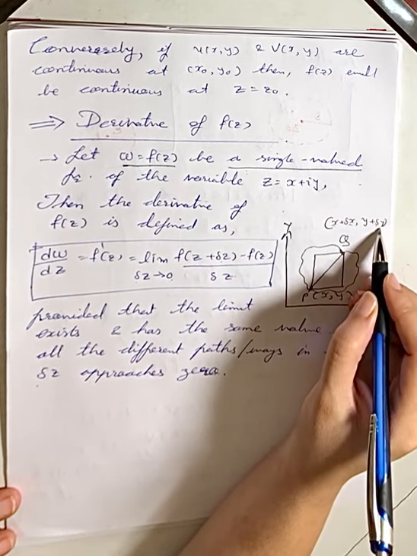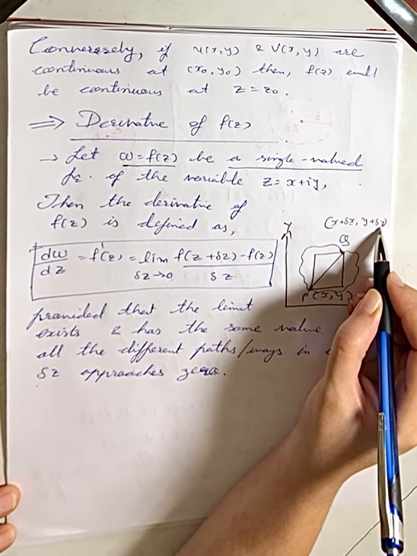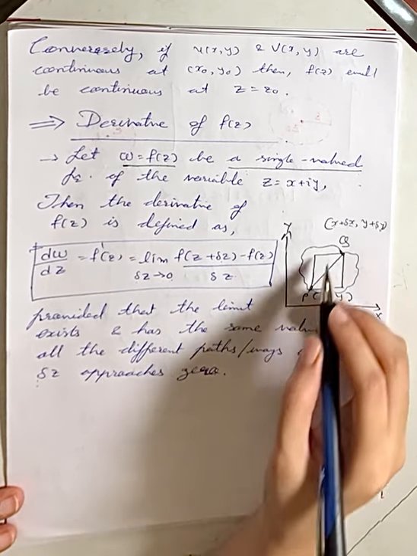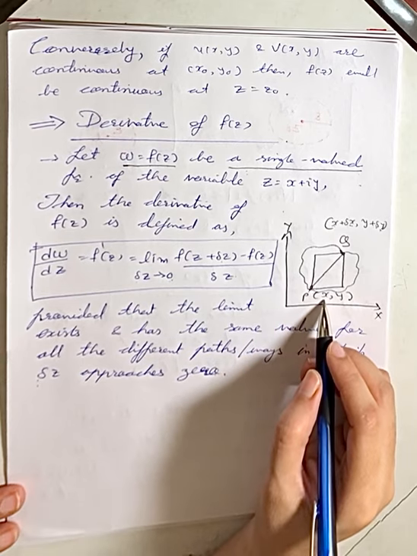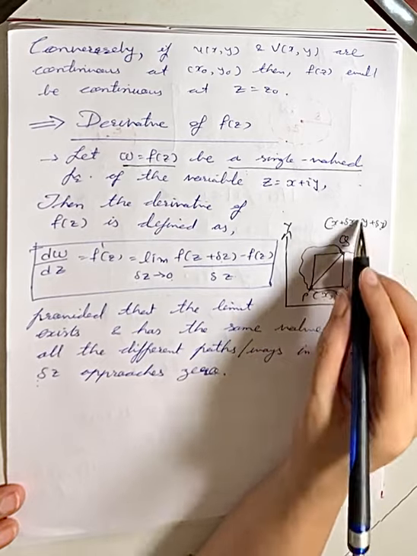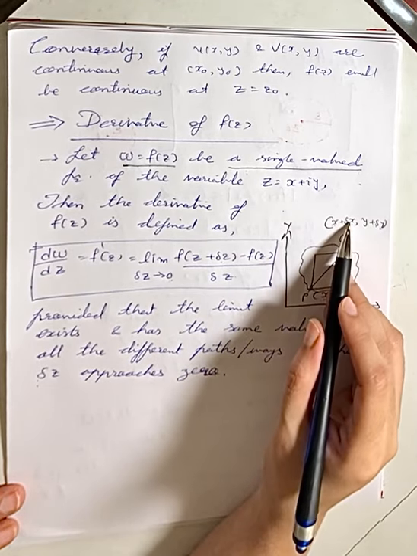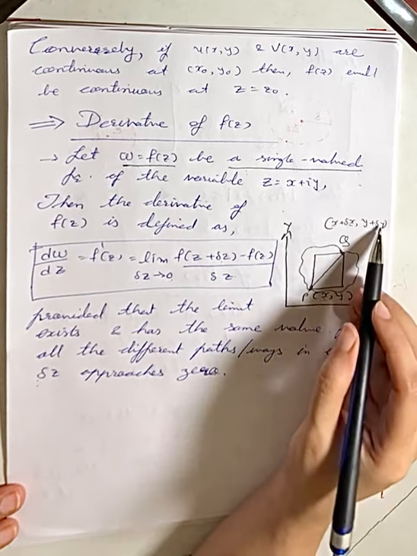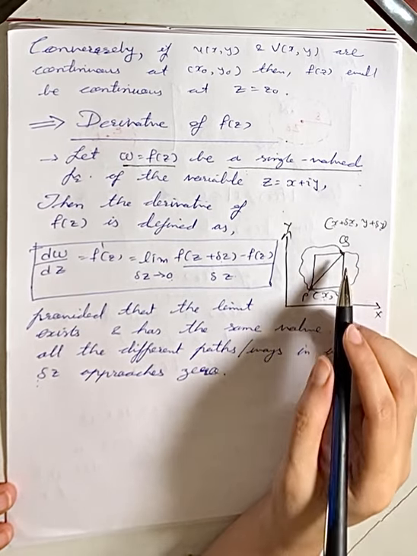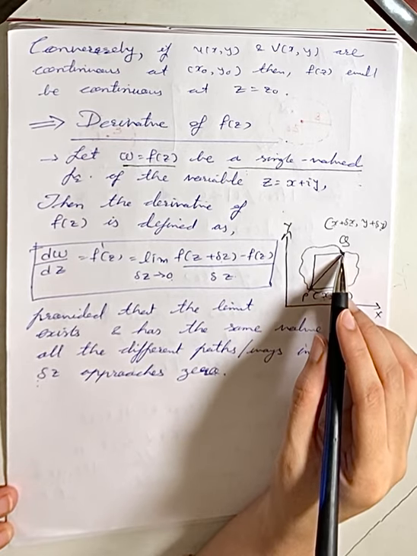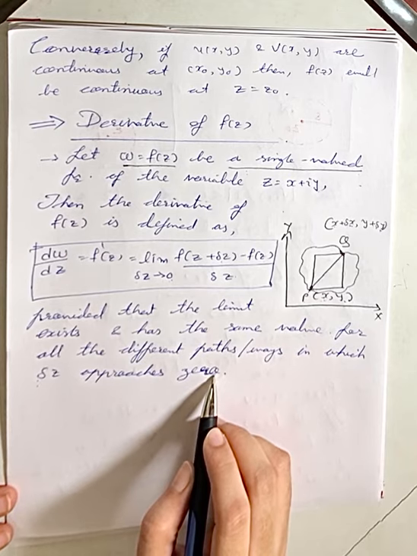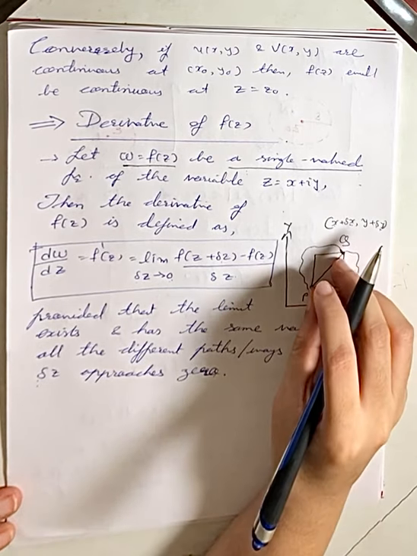And when will that happen? When you reach P, because P's coordinates are x and y. So basically what you want to do is move from Q to P. If you do that, your delta z will become 0.